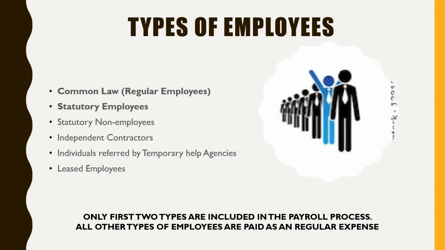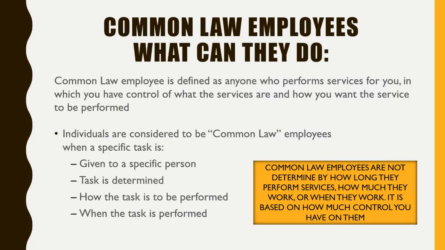But for this chapter, we are primarily focusing on our common law and our statutory employees, okay? So let's go ahead and talk about the first one. Common law, also known as your regular workers. Common law employees. What can they do?